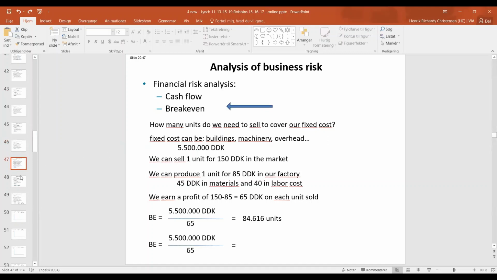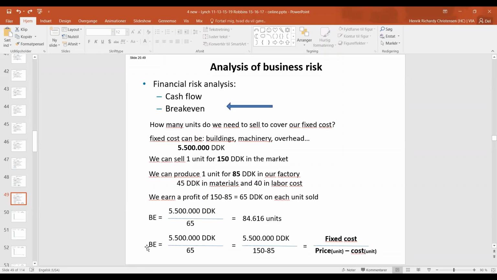That also means that when we look at it in this way, we could put it up like this and say fixed cost up here divided by the price we receive in the marketplace minus variable cost. And then you could simply write it like this, and there you have your equation.